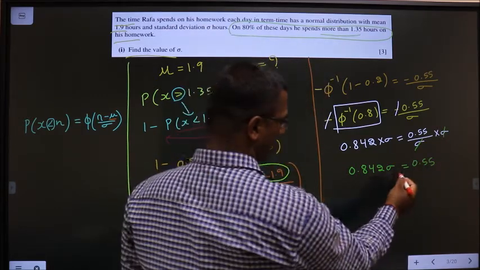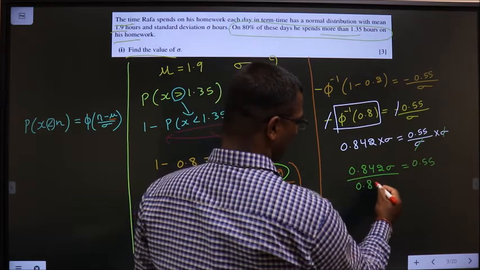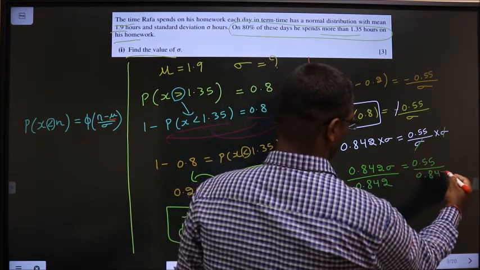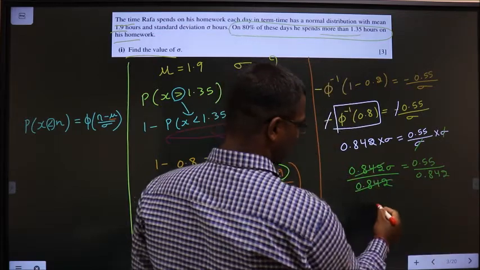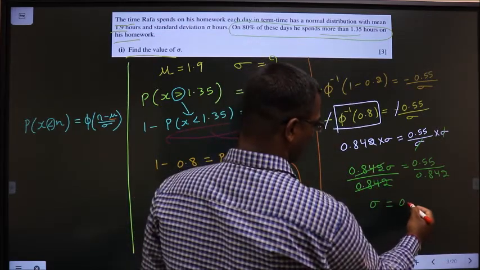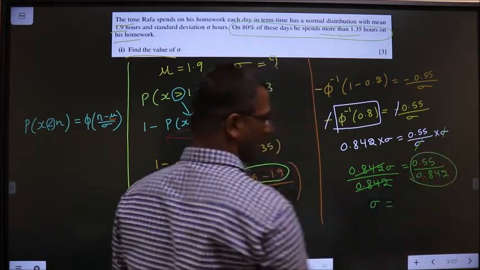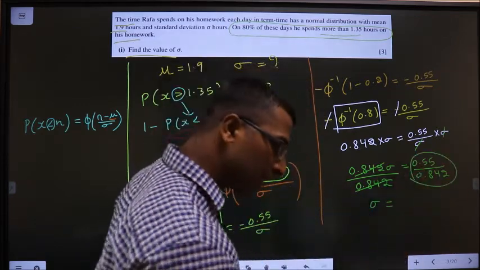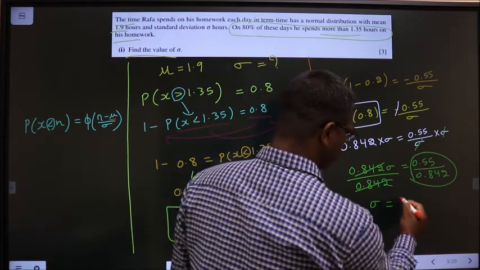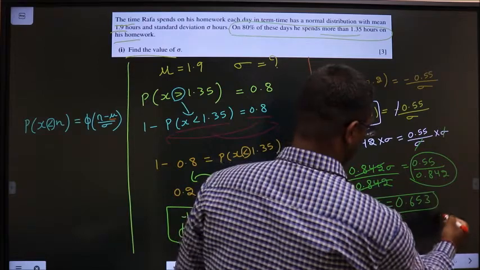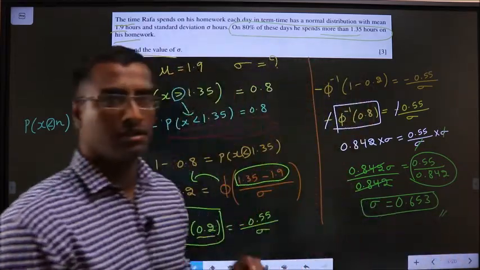Now to get standard deviation, divide by 0.842. So this gets cancelled. I get standard deviation equal to, put this in the calculator. You get it to be 0.653 is our answer. Okay.